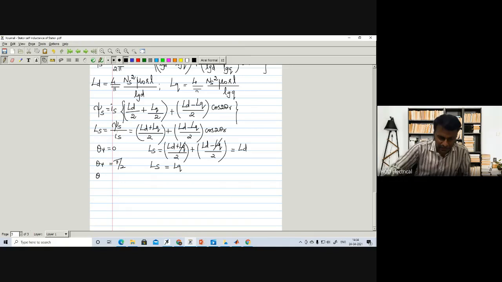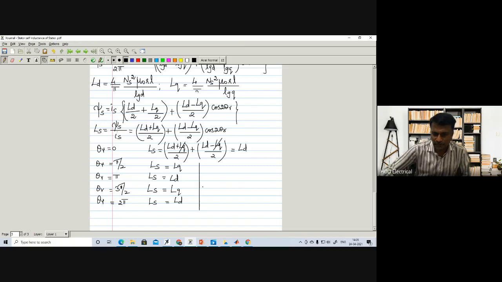Then if theta r equal to pi, we have Ls is equal to LD. Then theta r equal to 3 pi by 2, we have Ls is equal to LQ. Then finally theta r equal to 2 pi, Ls is again LD.